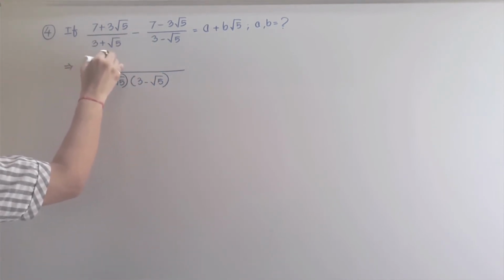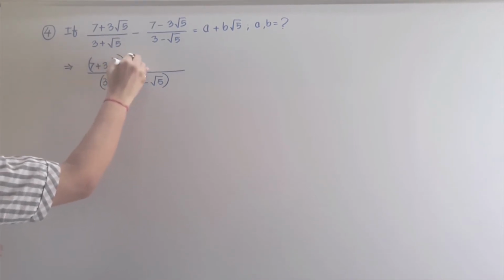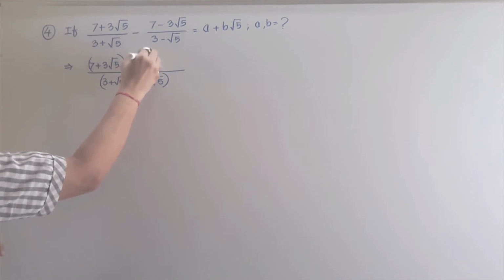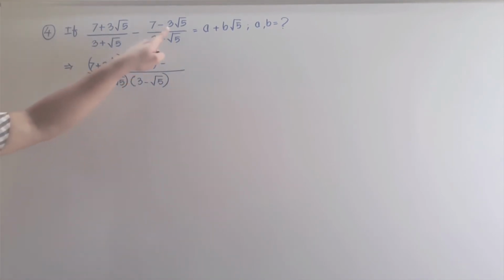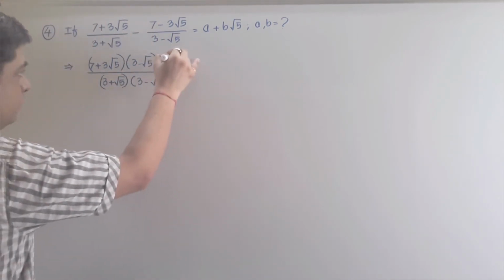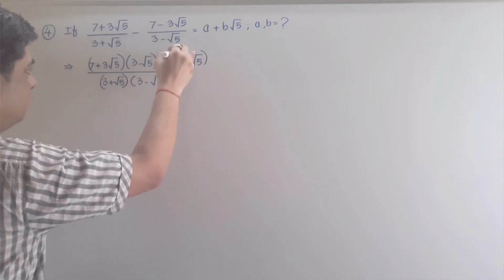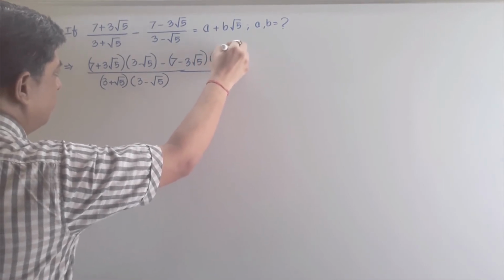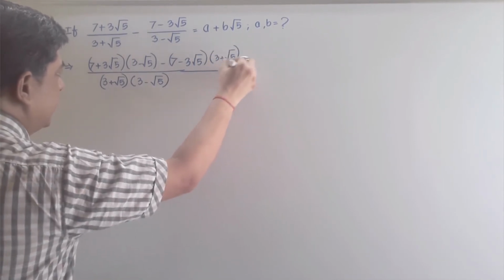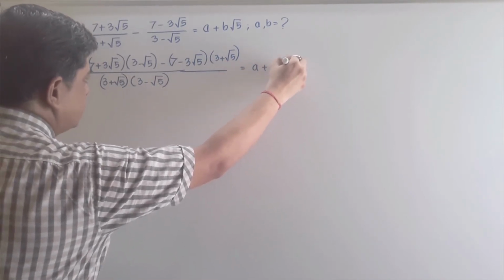So 7 plus 3 under root of 5 would be multiplied to 3 minus under root of 5. Similarly, then the minus sign will come, and this term 7 minus 3 under root of 5 will multiply with 3 plus root of 5. And here we need to carry a plus b under root of 5 as it is.